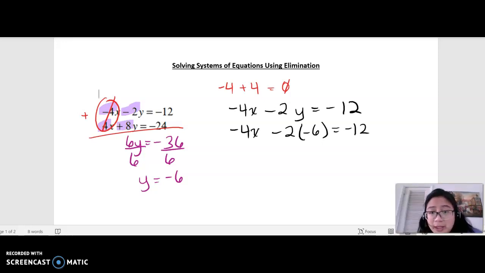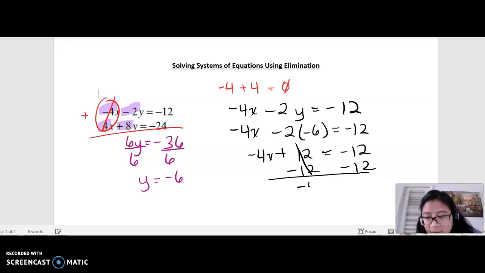And then I just want to go ahead and solve for x. So when I multiply negative 2 times negative 6, I'm going to get a 12. Over here, I'll just bring down the negative 4x, the equal sign, and the negative 12. And then I just want to get x by itself. So I'm going to minus 12 on both sides.